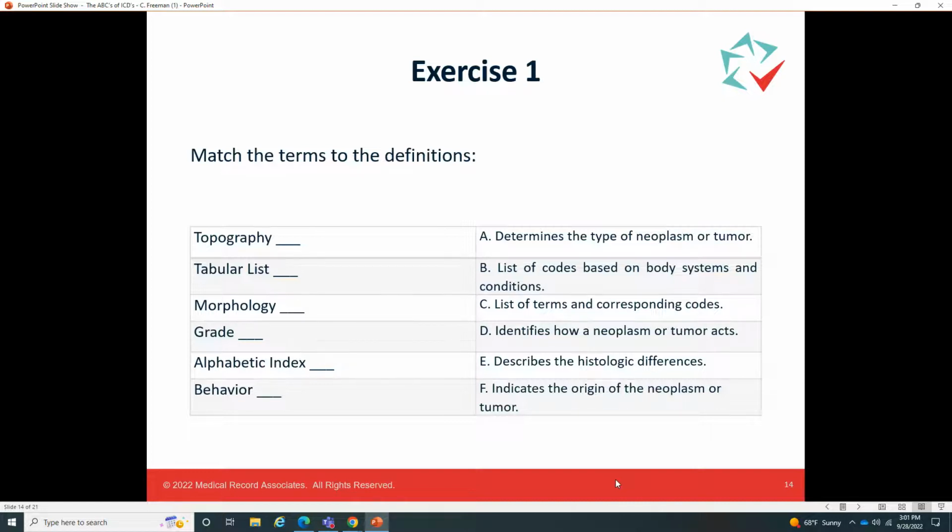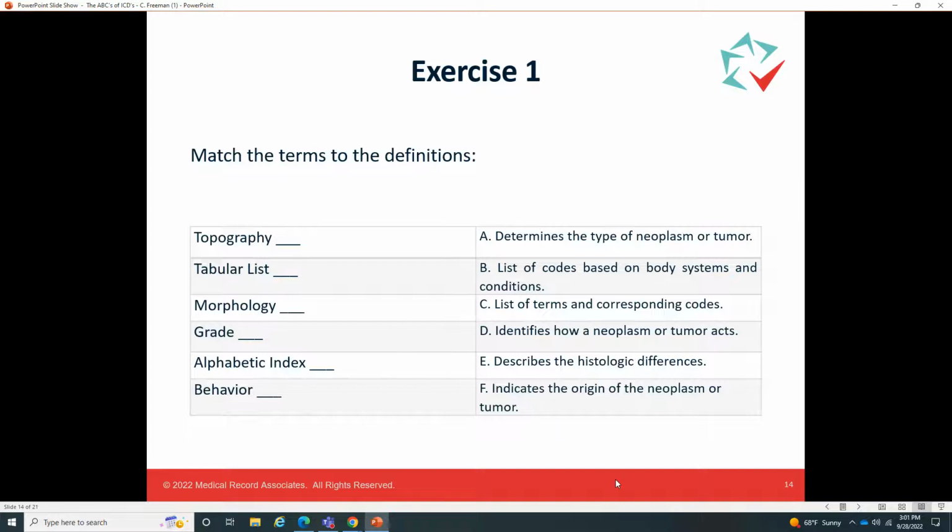Topography. We know topography is the same as the site code. Where is the neoplasm or tumor? Looking at our choices, we select F, indicates the origin of the neoplasm or tumor. Next, tabular list.